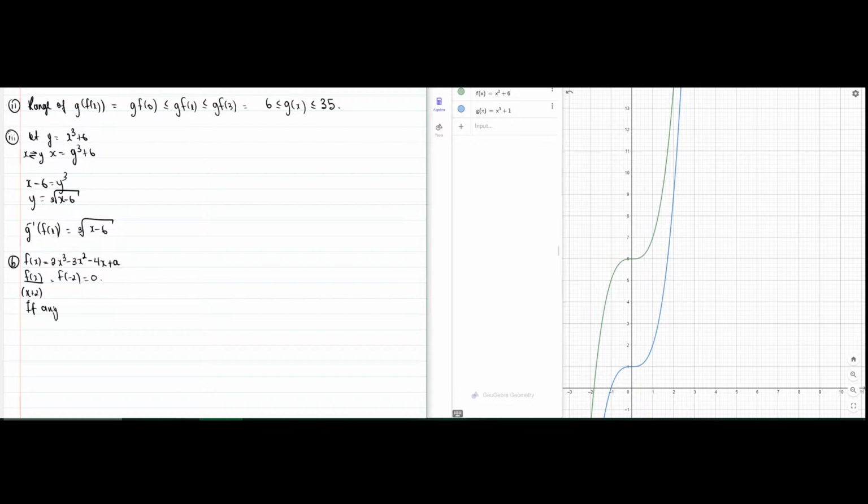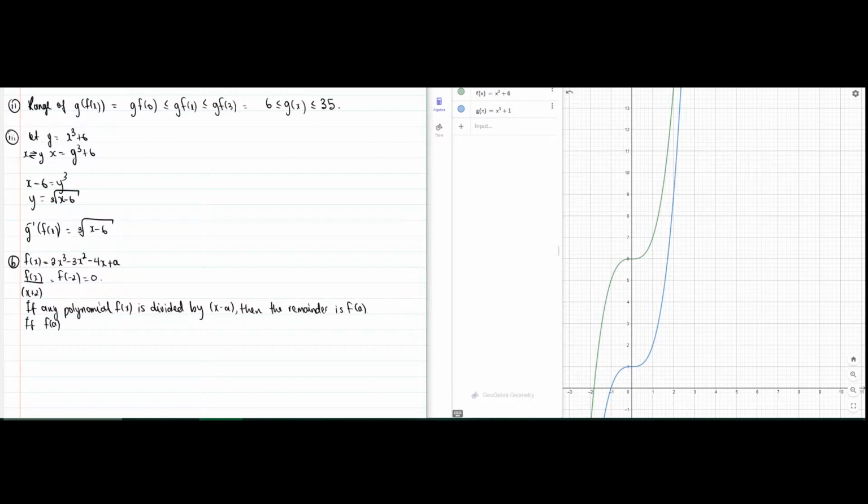If any polynomial f of x is divided by x minus a, then the remainder is f of a.